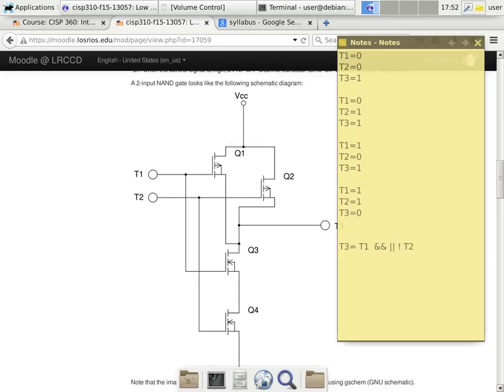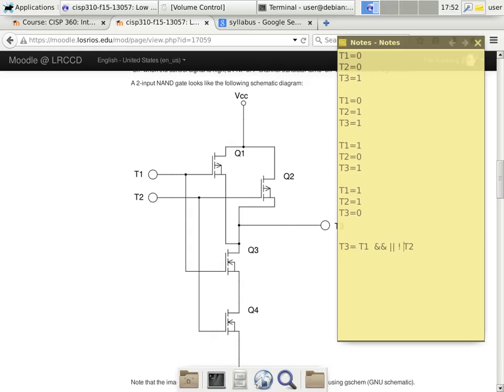Now obviously this is syntactically incorrect, but I just want to show you what type of operators we are talking about. Can you come up with an expression using only T1 and T2 so the T3 in this particular assignment operation will end up with the same result as the circuit itself?